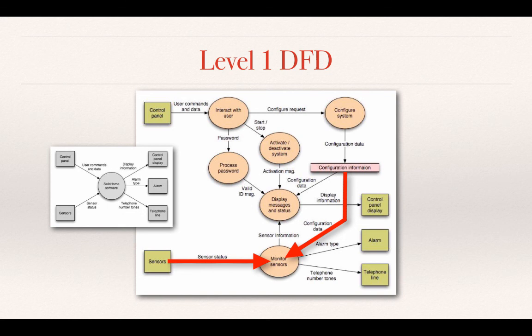Meanwhile, it provides three pieces of information. It provides sensor information to the display messages and status process. It provides alarm type information to the alarm external entity. And it provides the telephone number tones to the telephone line external entity.